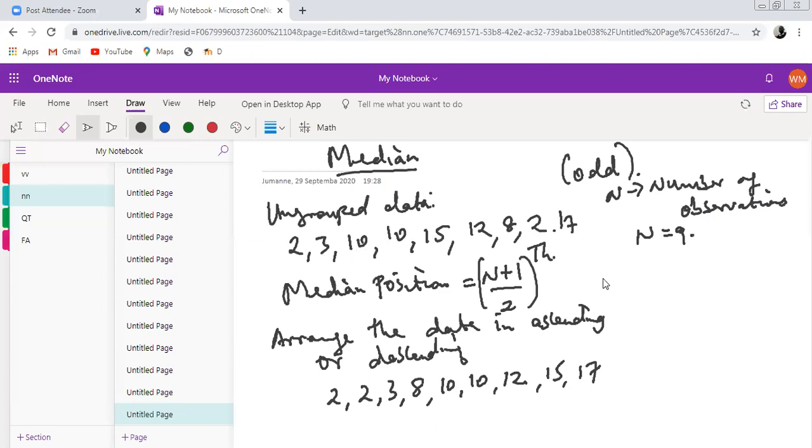The median position is n plus 1, which is 9 plus 1, then we divide by 2, which is 10 divided by 2, which means the fifth observation is our median. So this is the first, second, third, fourth, fifth. The fifth one is 10. So our median is 10.